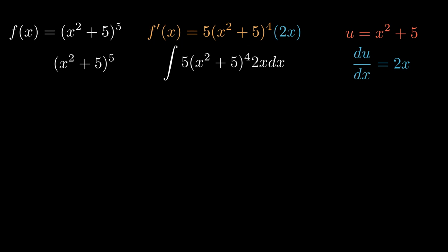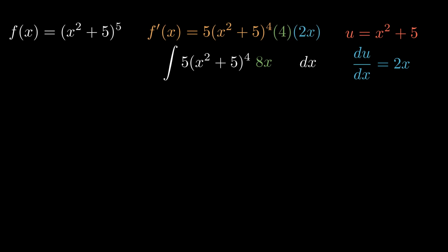Okay, so that was a simple integral where everything worked perfectly by working backwards. The derivative of u just so happened to be exactly what we had, which was that 2x. What if it wasn't 2x, but something else, like 8x? We know that we are going to need the derivative of u there for the backwards chain rule.